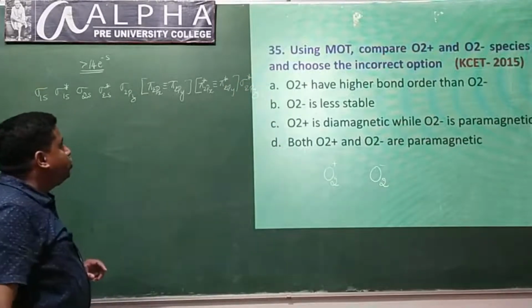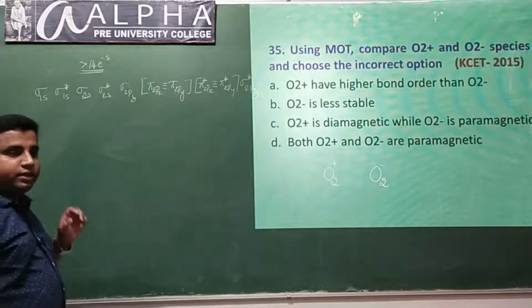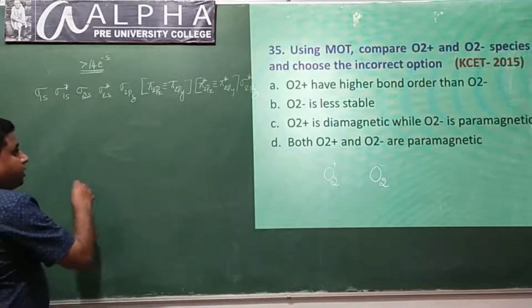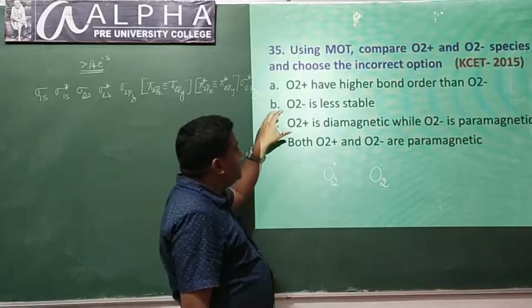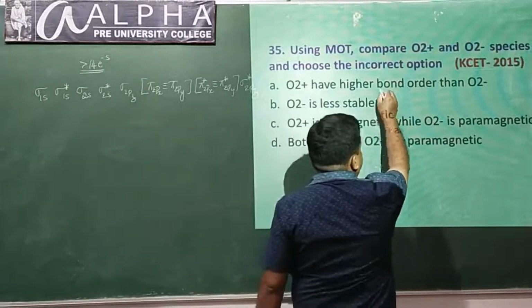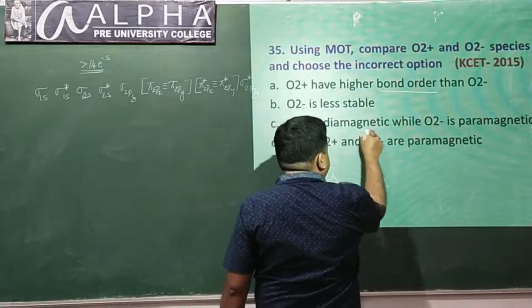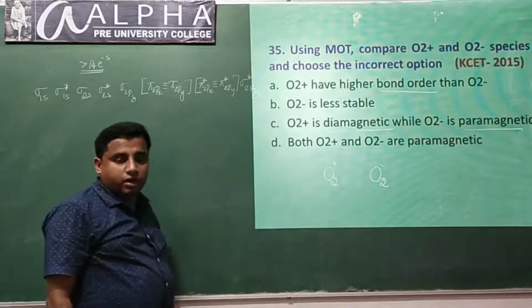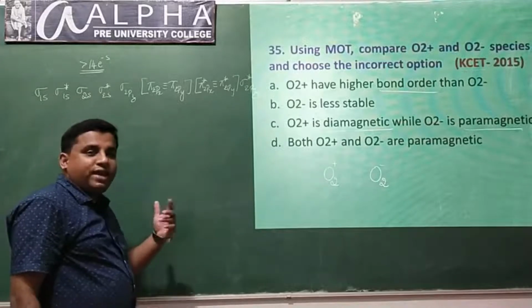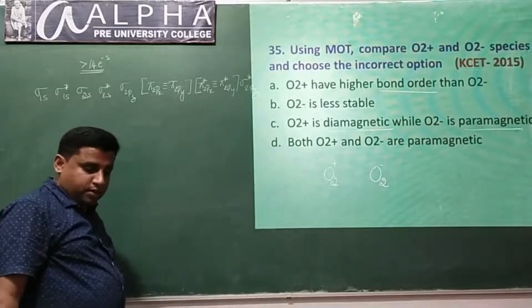Students, all the options talk about bond order, diamagnetic, paramagnetic. Let us see every aspect of O2 plus and O2 minus.